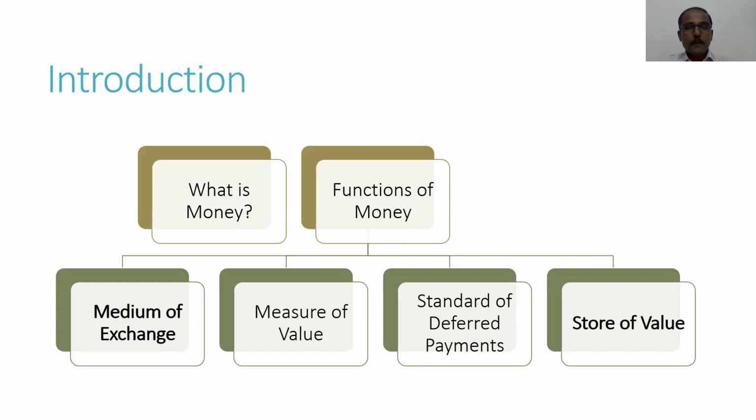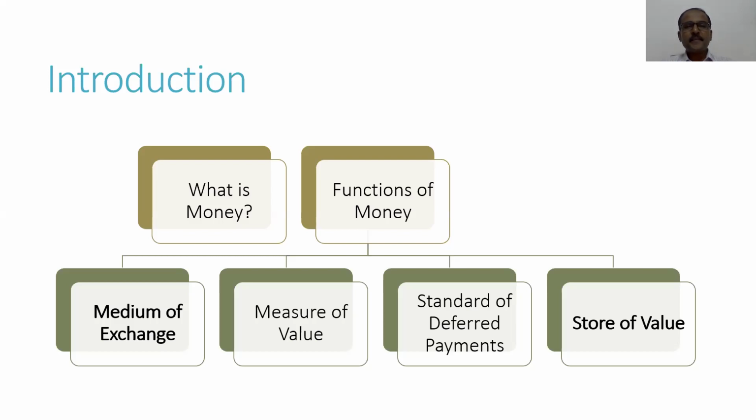Primarily, money performs 4 different functions, such as it performs the medium of exchange. In simple words, if you possess money, you can exchange those units of money and you can get the goods and the services in lieu of that exchange. Secondly, it is a measure of value. You can measure the value of a particular good or service in terms of money.